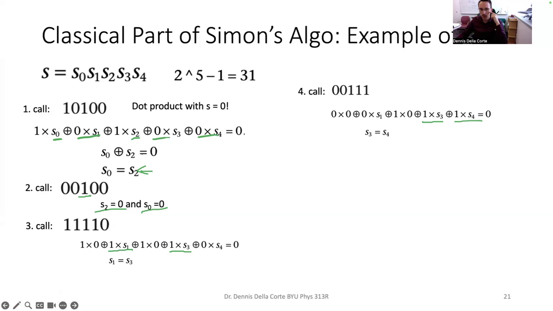And since S1 is equal to S3, we know that S1, S3, and S4 are the same. Great. Do we know that they're 1? Why do we know that they're 1? Because we already know that S2 and S0 are 0, and the string 00000 is not allowed in this problem. So those three must be 1. So this is the hidden string. How many calls did it take us? 1, 2, 3, 4. So it was a lot faster than going through half of the options.